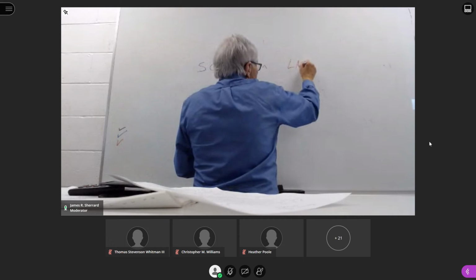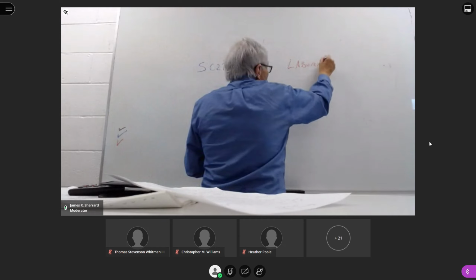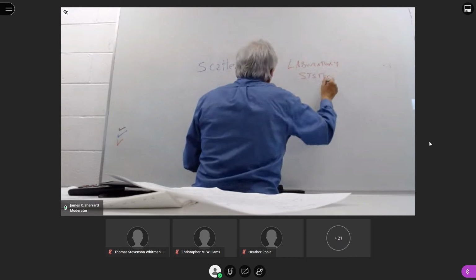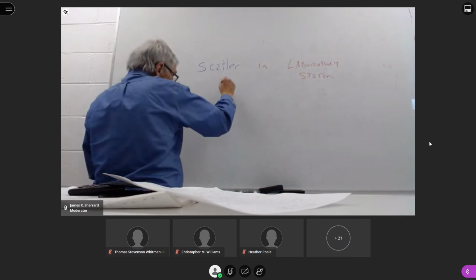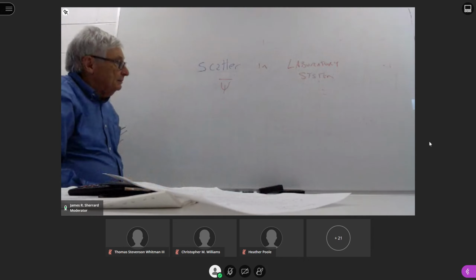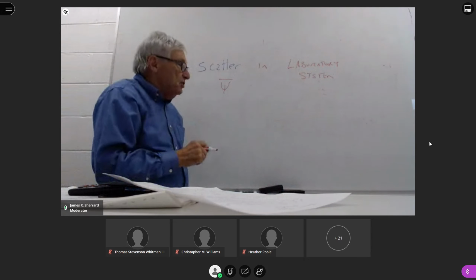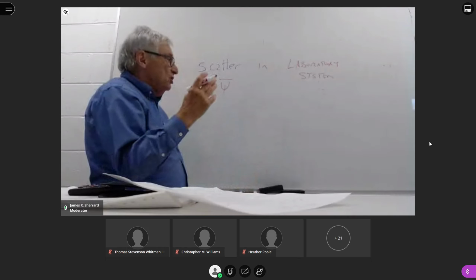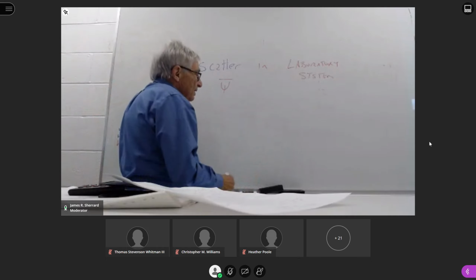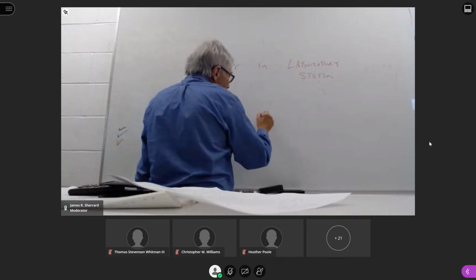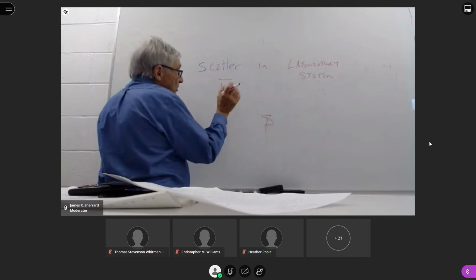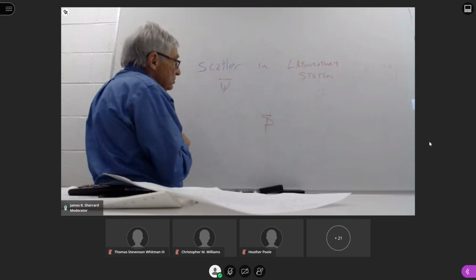If instead, though, we made this scatter in the laboratory system, we know that that angle is psi. And in this case, your reference is not the compound nucleus. You're sitting away from this and you're watching this. So again, the linear momentum on the right has to equal the linear momentum on the left, has to equal the linear momentum of the compound nucleus.